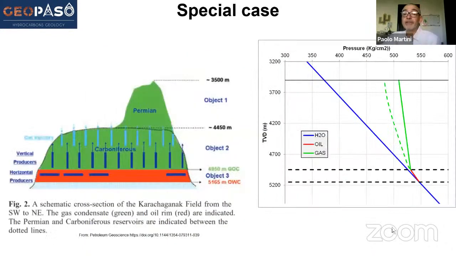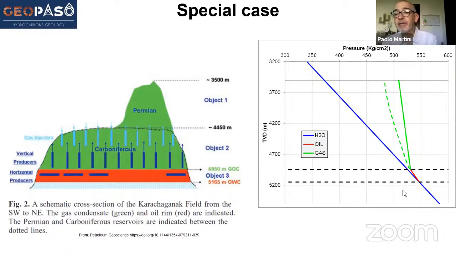This is a special case. This is the Karachaganak field in Kazakhstan, which has a very thick hydrocarbon column. It's over 1.5 kilometers. And in this case, due to basically gravitational segregation, the composition of the gas column gets lighter and lighter as you go towards the top.